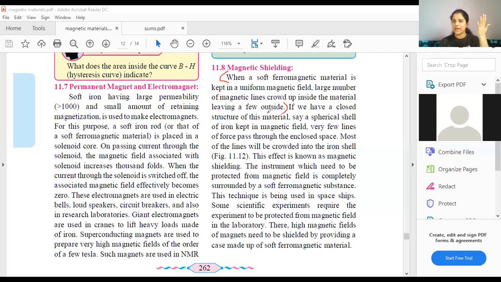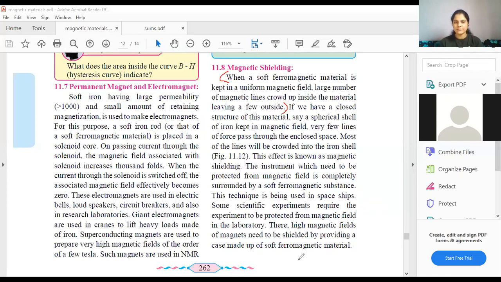So many magnetic lines prefer going through the ferromagnetic material. If we have a closed structure of this material, say a spherical shell, like the iron ring in the diagram, very few lines of force will pass through the enclosed space, that is, the space inside the ring. I think the same thing is written here.